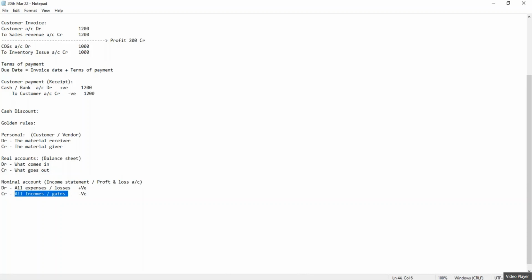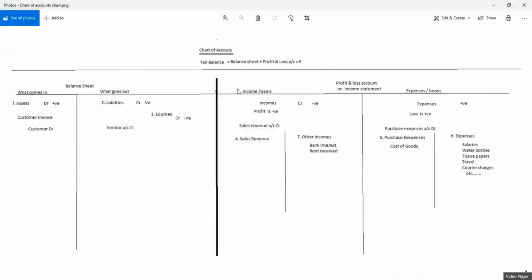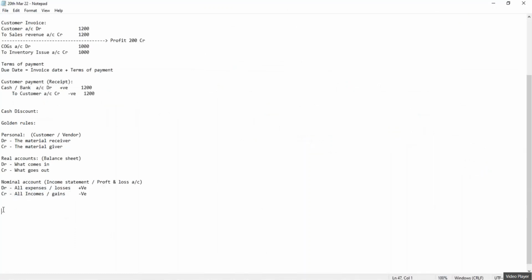So the reason behind this is left side positive, right side negative, so that chart of accounts or trial balance, or total chart of accounts COA, is equal to balance sheet plus profit and loss account.